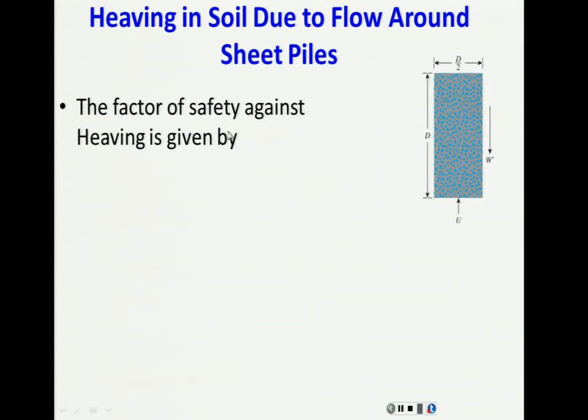Factor of safety against heaving is given by calculating just the weight of that soil, the submerged weight of that soil, divided by the upward force produced by the seepage.